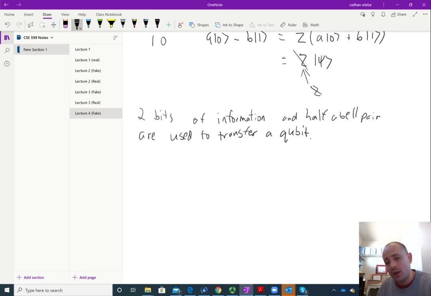Now, I have to warn you, this is an area where science fiction often goes horribly, horribly awry. People often end up making claims that faster-than-light communication is possible using quantum entanglement.